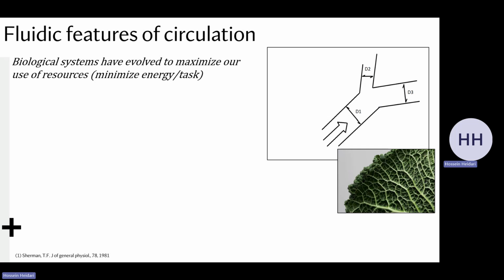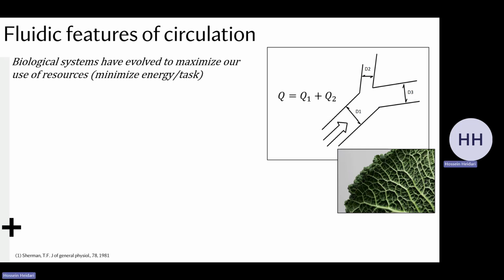Now, to answer this, we use, first and foremost, the flow equation: the flow coming in at that junction should be equal to the sum of the two flows exiting. Does that make sense to everyone? That's conservation of mass.